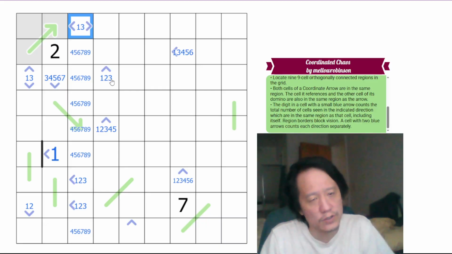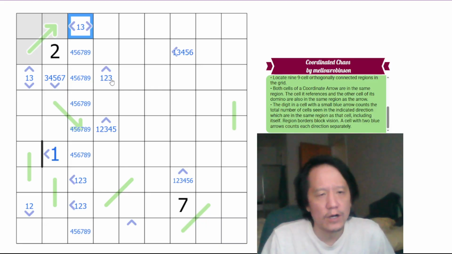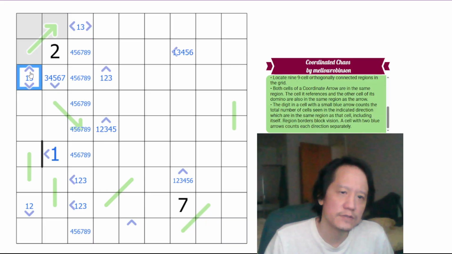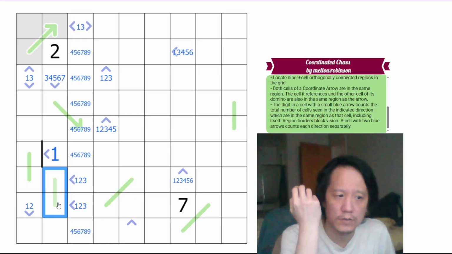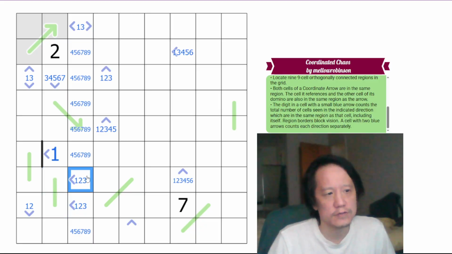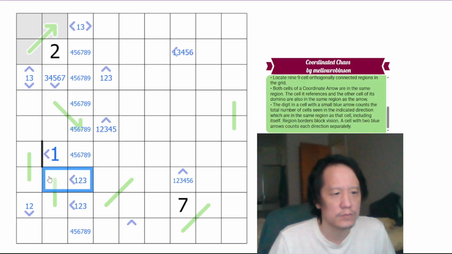I'm not sure. Well, if this... These 2 are the same region. One of these is going to be at least 1 or... One of these has to be 2. Oh, that's interesting. So then it goes there and it stops. There and it stops.